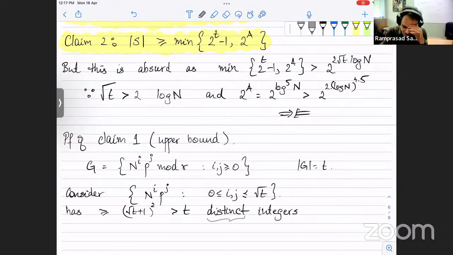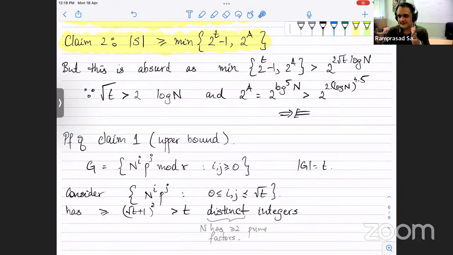Okay, here it is important that n has at least two prime factors. That way, if let's say q was the other prime factor, the power of q that divides this is going to tell you exactly what i is.